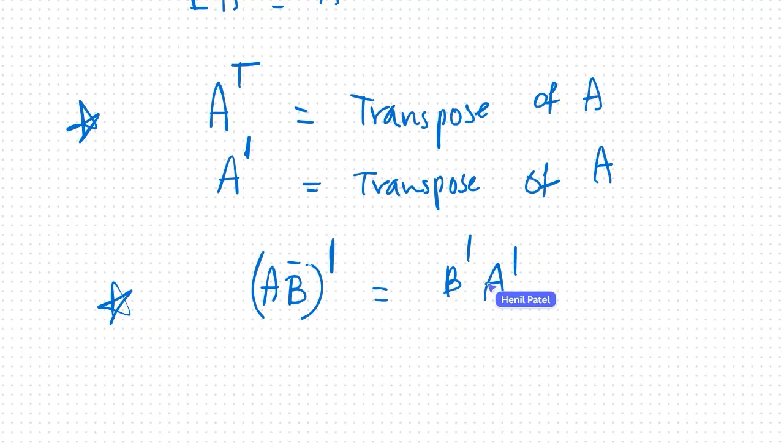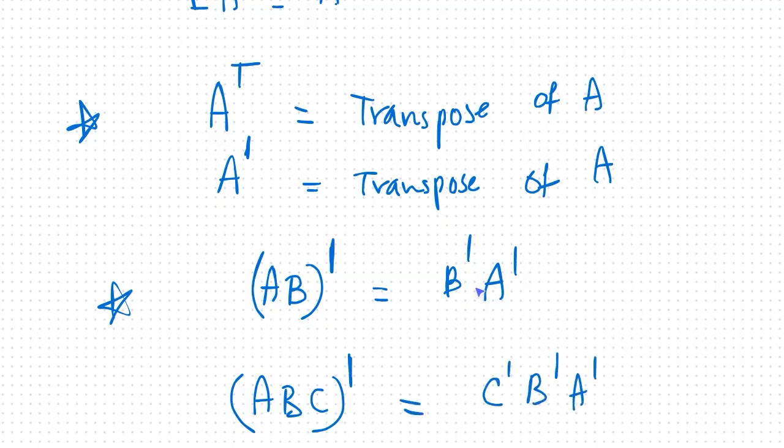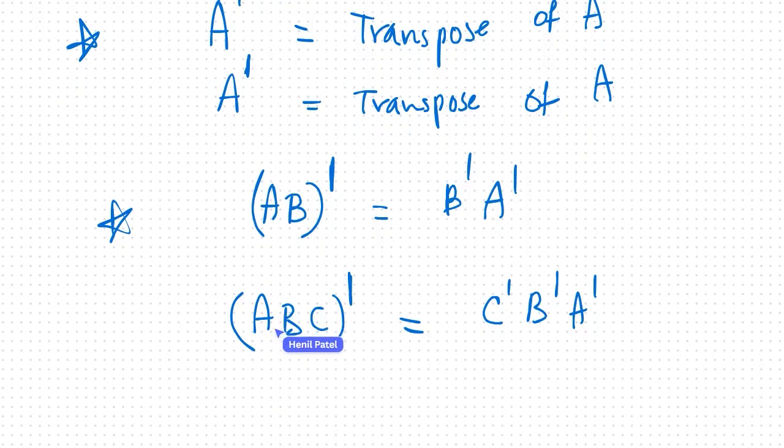It's just the properties of transpose, the specialty of transposes. So the transpose of A, B, C multiplied means reverse order like this. A into B, if there is a product, then you can multiply it with C.